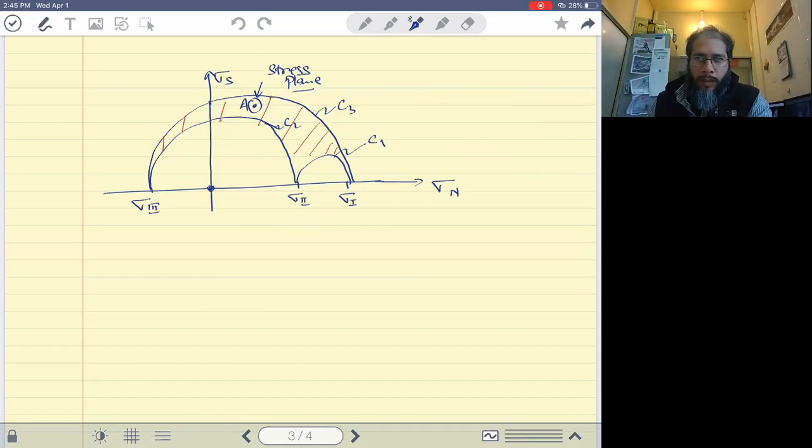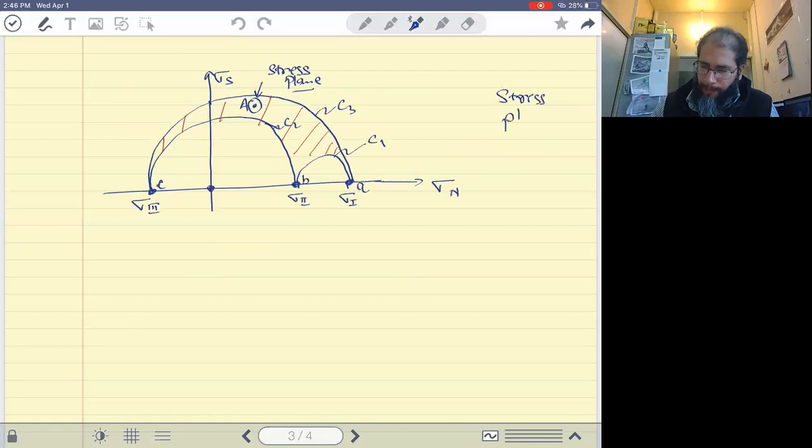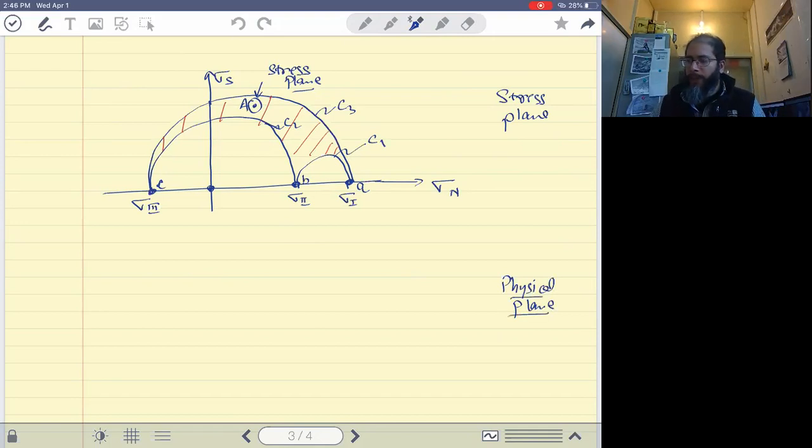Let's label these points to make our lives a bit easier. We will call this point small a, this one small b, and this one small c. Similarly, we would want to see the physical plane as well. So this is our stress plane, and we'd also want to see the physical plane.